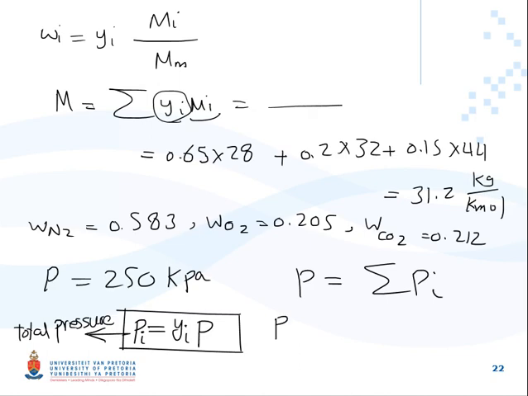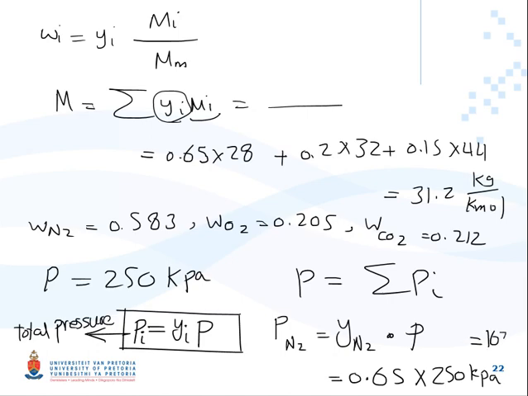For example, if I want to find the pressure of nitrogen, it's y nitrogen multiplied by total pressure, so it will be 0.65 multiplied by 250 kilopascal, which is 162.5 kilopascal.